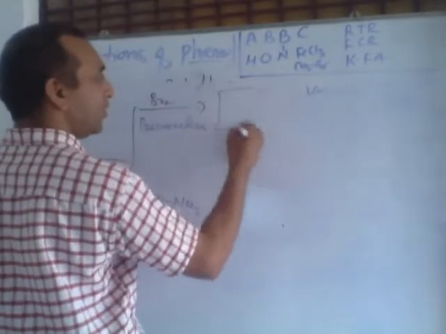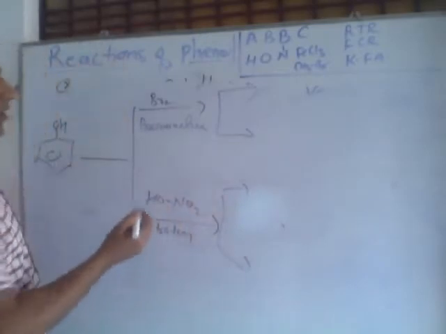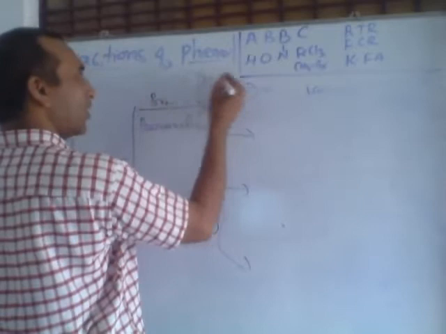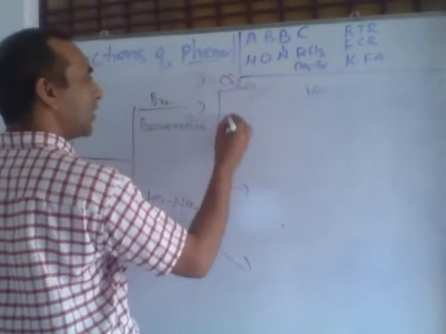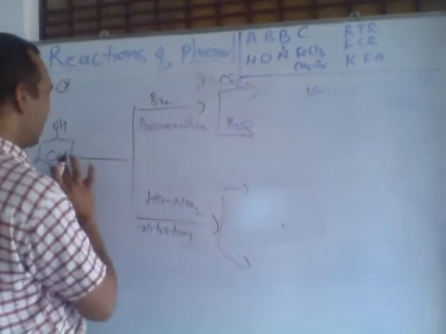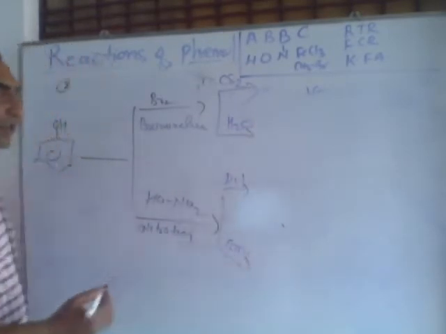If bromine and nitric acid, two different conditions. Bromine reacts with phenol in presence of CS2, otherwise in water solvent, and nitric acid is dilute or concentrated.